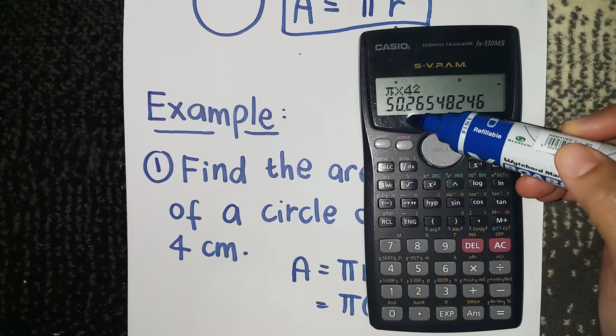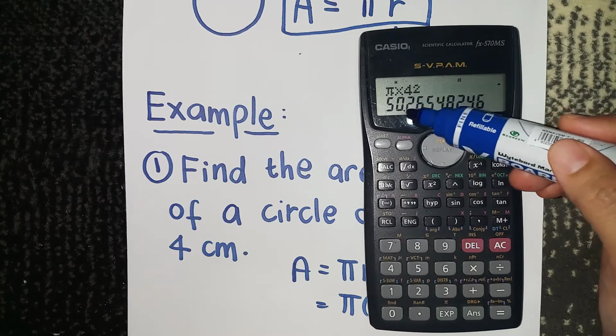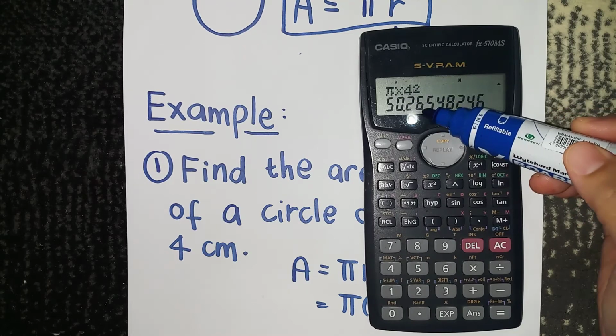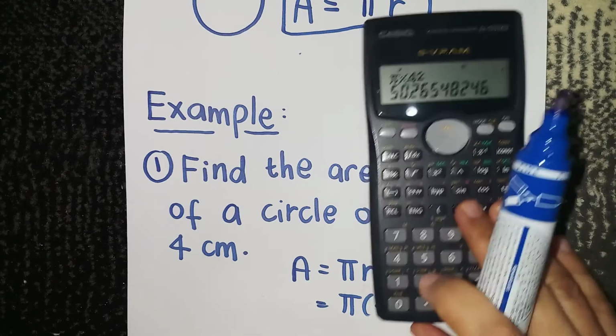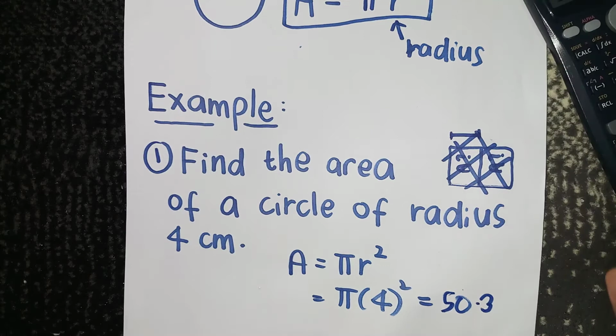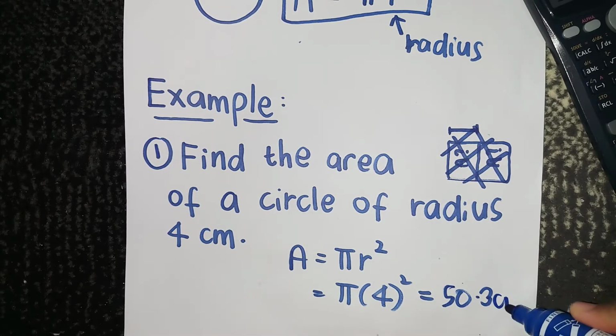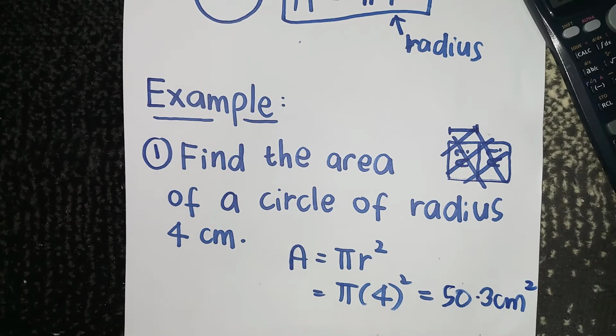Why is it 0.3? Because we have 6 at the back. I want to stop at 1 decimal place, and 6 is greater than 5, so I need to add 1 here. So it's 50.3. What is the unit? The unit used in the question is cm, so therefore it is cm squared. That is the first question.